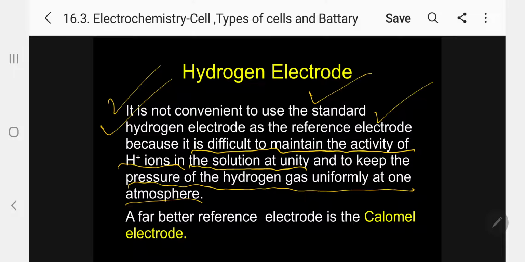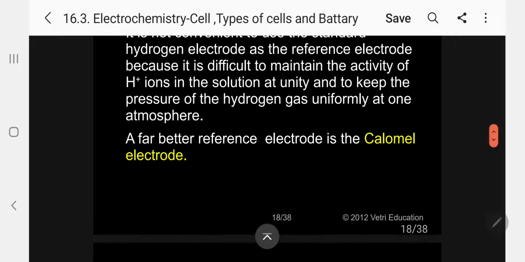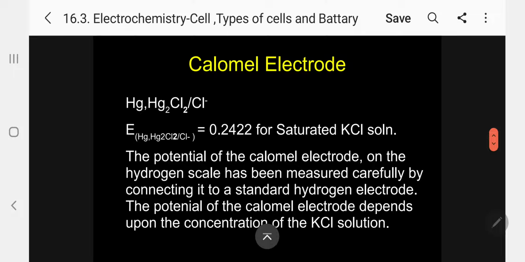Very, very difficult. That's why we are not using the hydrogen standard electrode. A far better reference electrode is the calomel electrode. I told you already what the calomel electrode is. So instead of using hydrogen, we are using the calomel electrode. This is the standard electrode we are using.